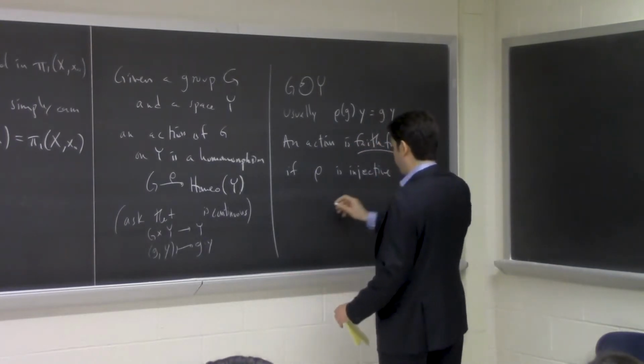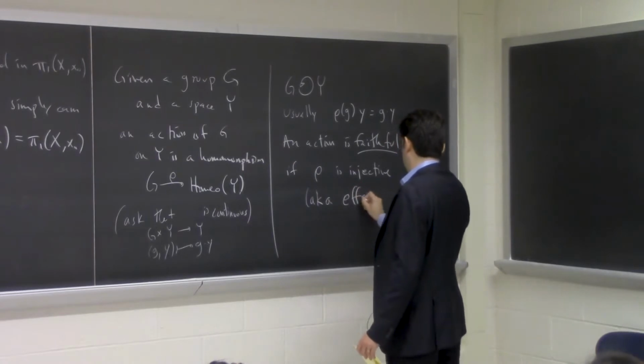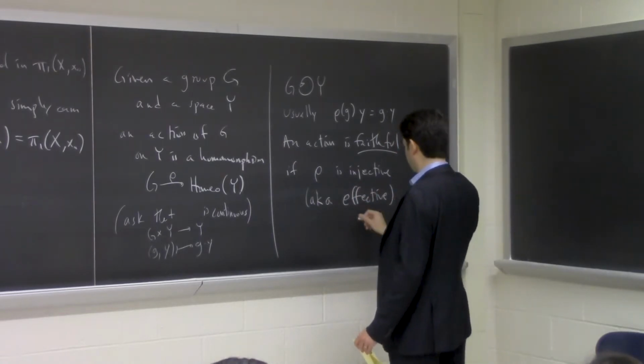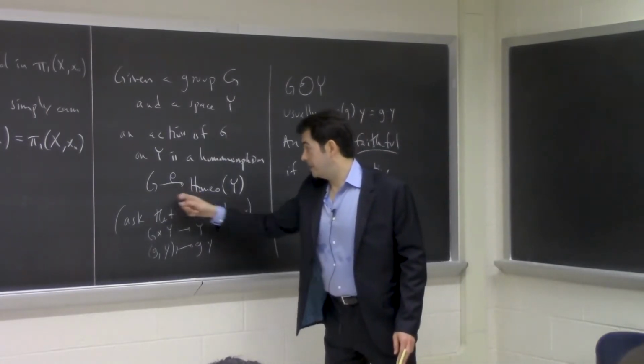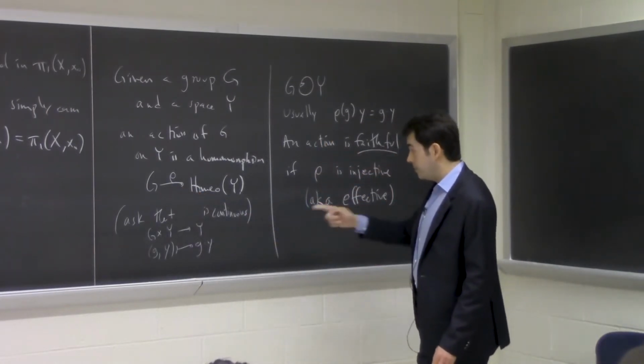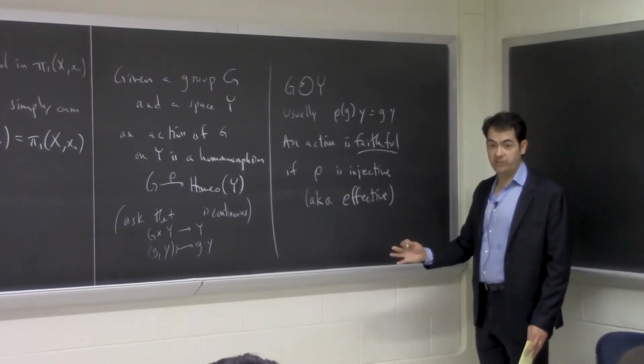Right? This is also known as effective. Okay, so this is saying that the different elements of the group give you different homeomorphisms, right? So no two elements act exactly the same way.